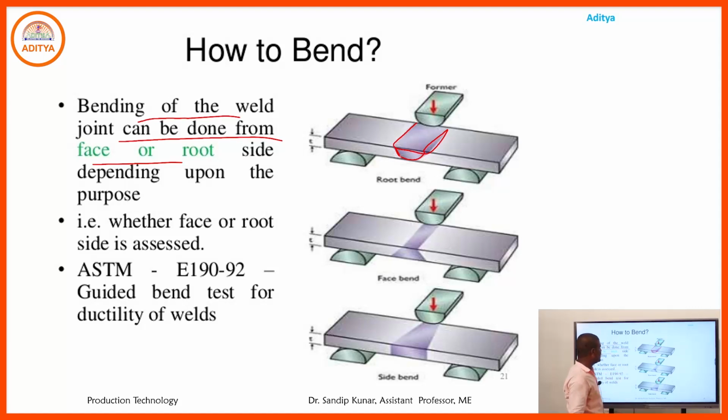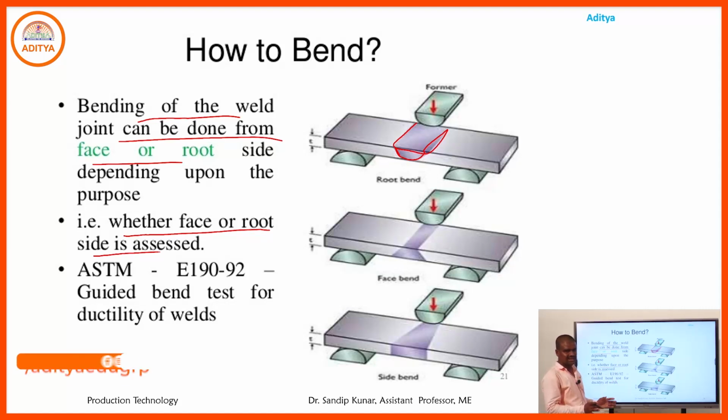That is the former, and that is the support, and using that support we perform the bending operation across the welding joint. Second, whether the face or root side is assessed. So we bend across the root side or face side of the welding joint, and on that basis we collect the data.